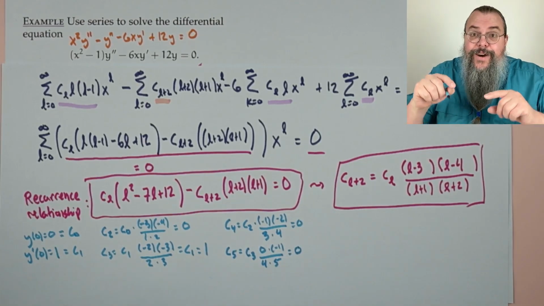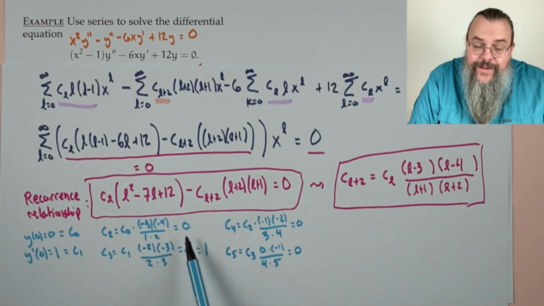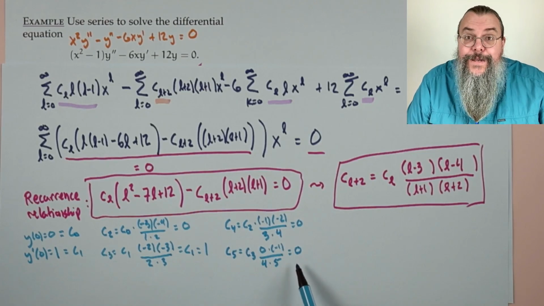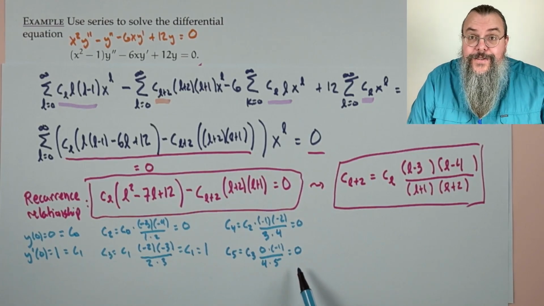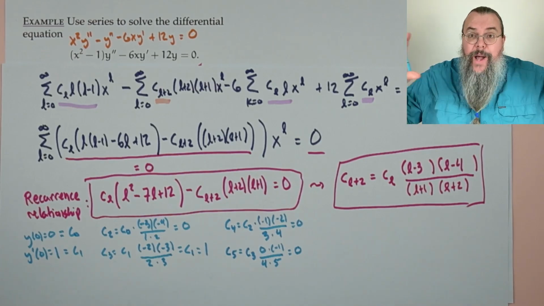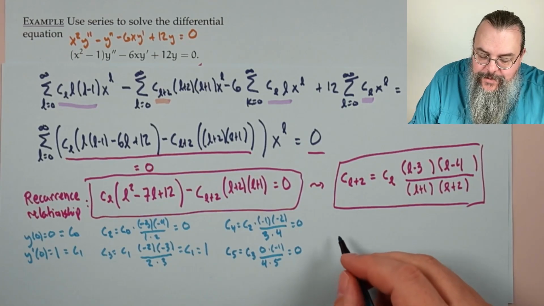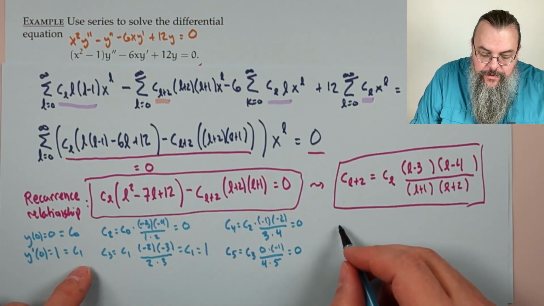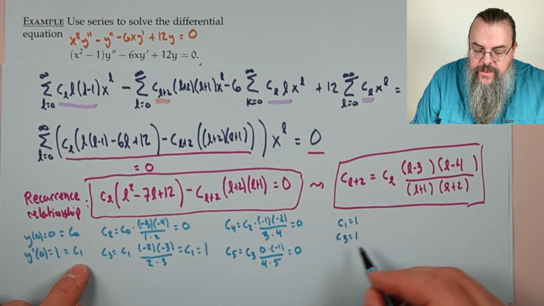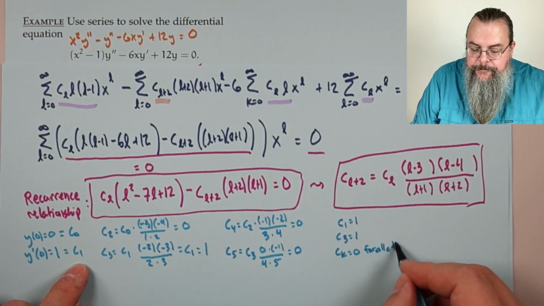But remember how we said we go 2 back? Because when we went 2 back here, we got 0. So what is that going to say? What's C7? 0. C9? 0. The rest of the terms are all 0. So the great aha is we get that C1 is 1, C3 is 1, then CK equals 0 for all other K.